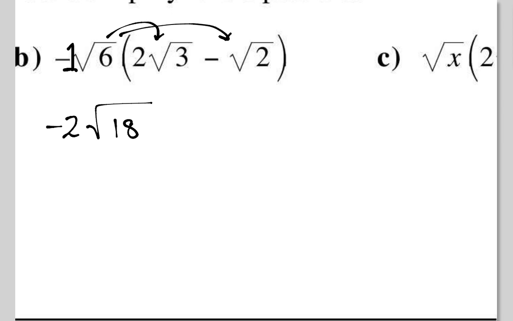Now this one is a bit dicey. Be careful on this one, because what's the coefficient on both of these? -1 and a -1. Good. So you get a positive. Do you have to write the 1? No. You can. You definitely can to help you. And then what's 6 times 2? 12.